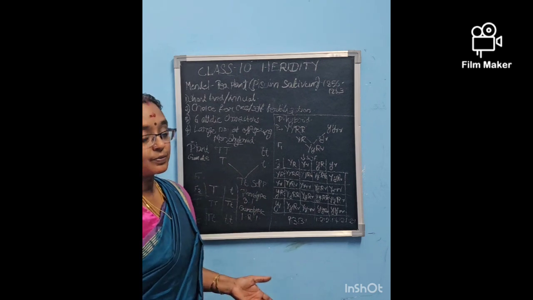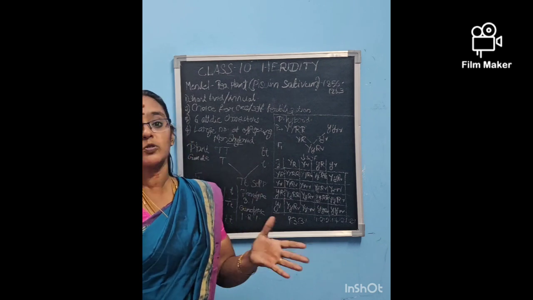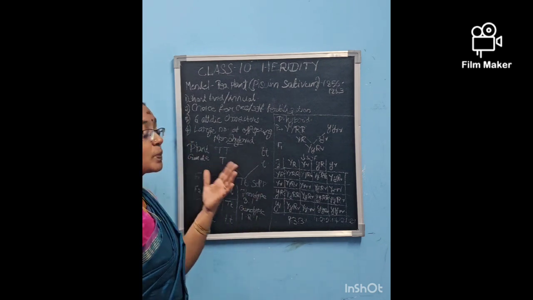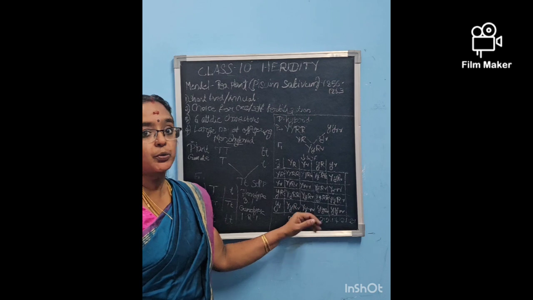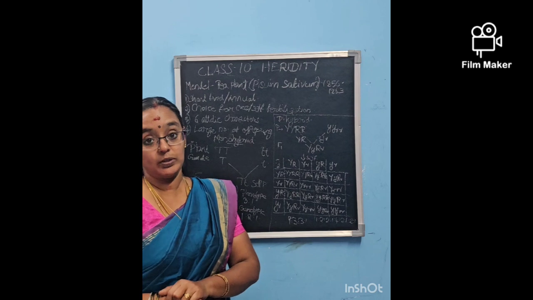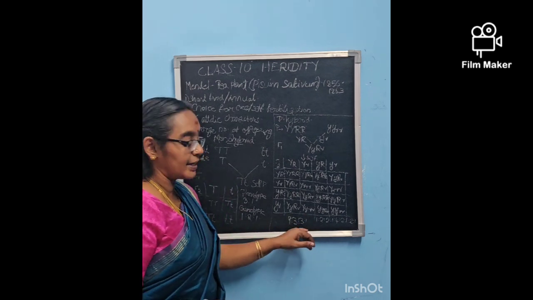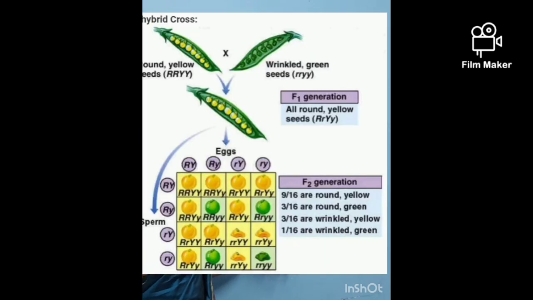So for the self-fertilization, he got 16 plants. Okay, 16 types of plants we can say. By the punnett square, it will be easy for you to write it, and you will get the phenotypic ratio. That is 9:3:3:1. Means what? Yellow round seeded plants are of 9 types. Yellow wrinkled seeded plants are of 3 types.